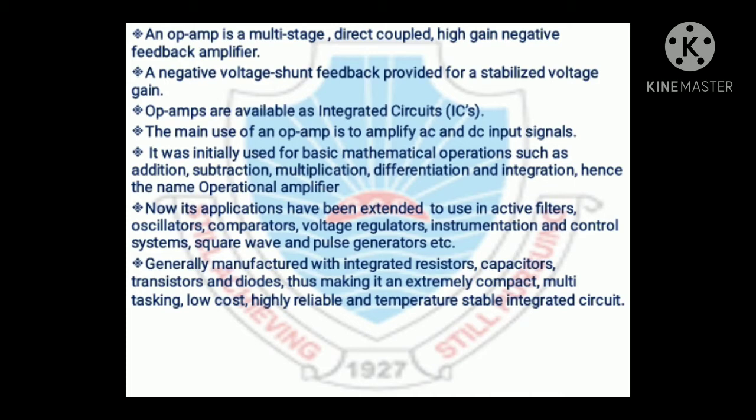So we can say it is a very versatile circuit which can perform a variety of functions such as mathematical functions, addition, subtraction, multiplication, differentiation, integration, and also it has uses in active filters, oscillators, comparators, voltage regulators, square wave and pulse generators, and it is available in highly useful integrated circuits. So it can be used in a variety of ways.